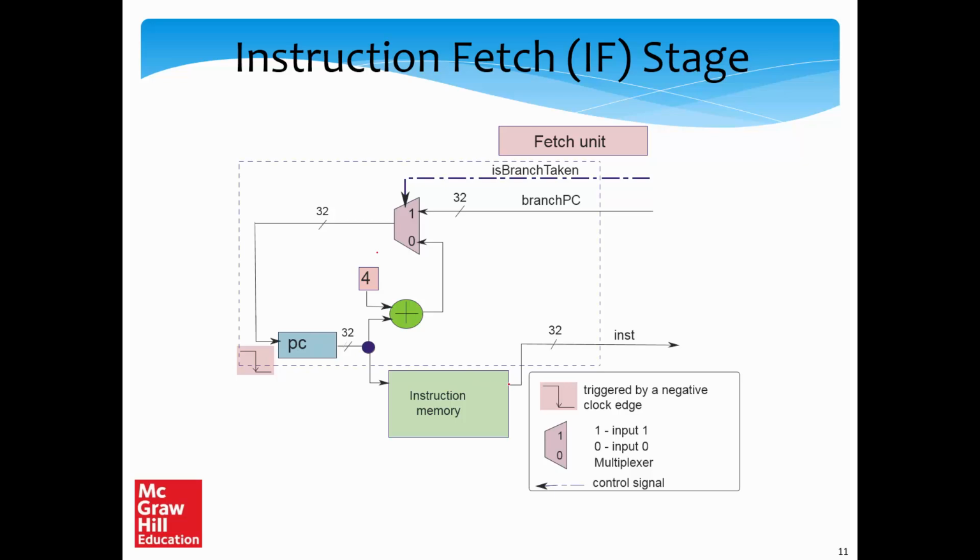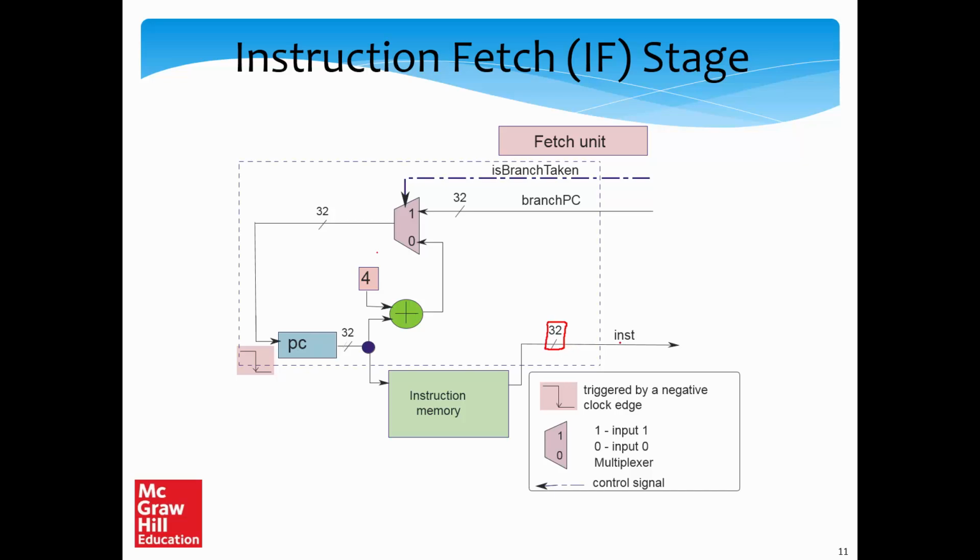But for the time being, let's assume that it's a black box that we don't have to touch, which is per se out of the fetch unit. We read an instruction from it, which is again a 32-bit quantity. We'll be using this symbol over here to indicate that the wire is carrying 32 bits.